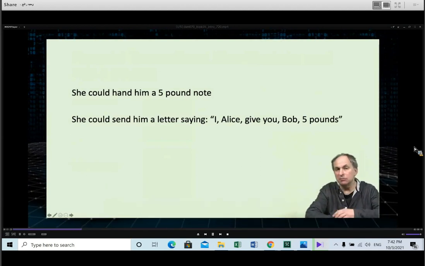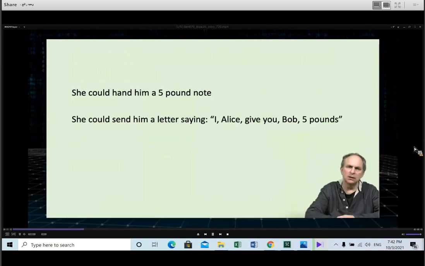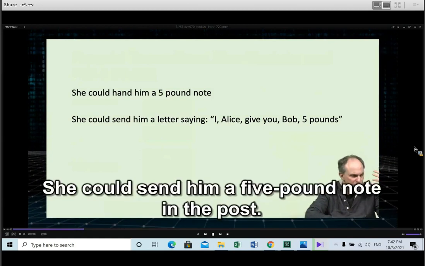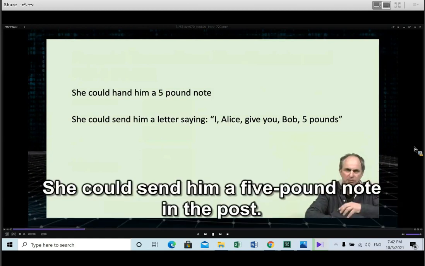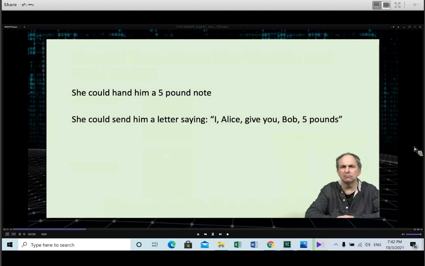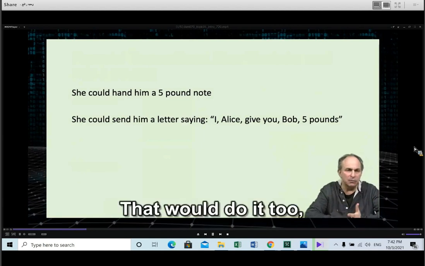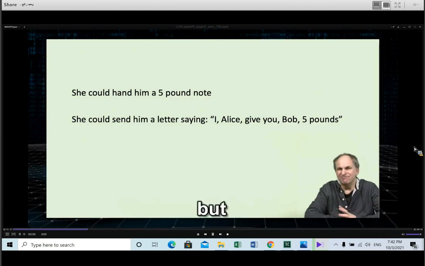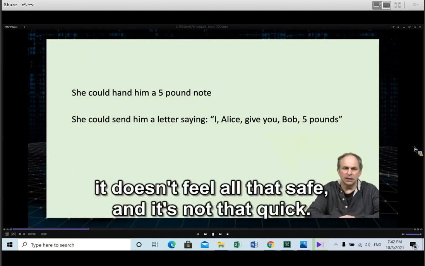That would do it, but she has to be in the same place to do that. She could send him a £5 note in the post. That would do it too, but it doesn't feel all that safe, and it's not that quick. She can say, "Hi, Bob, I'll give you £5."